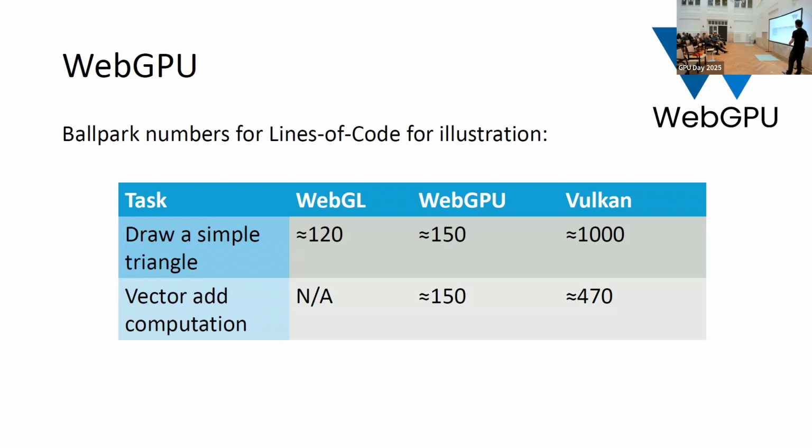While again, if you want to do the same thing in Vulkan, it will be more than 2 times of that. So it roughly translates to the mental overhead that you need to learn and think about when putting together something in the low-level APIs, but it's much easier in these higher-level APIs. I will talk a little bit more about that.